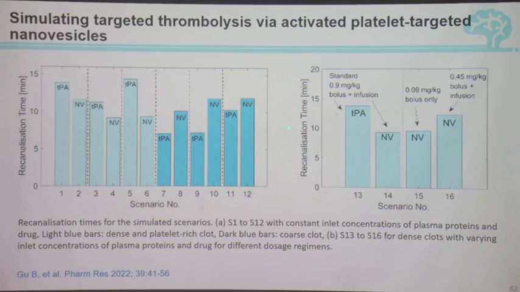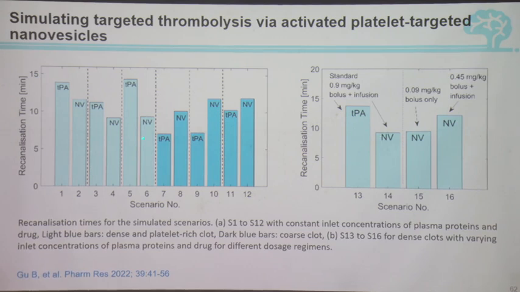The efficacy of the lysis is measured by recanalization time, so the shorter, the better. And the TPA is the current standard treatment using the FDA-approved protocol. So this is the number of minutes required to dissolve a given clot using this standard treatment. And using the nanoparticles, we found that the time is actually shorter for a specific type of clot.